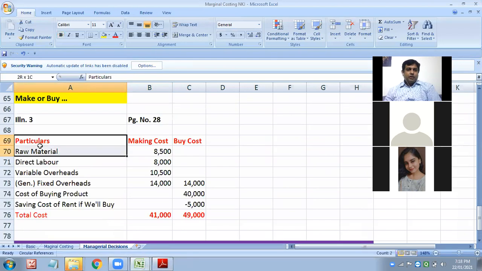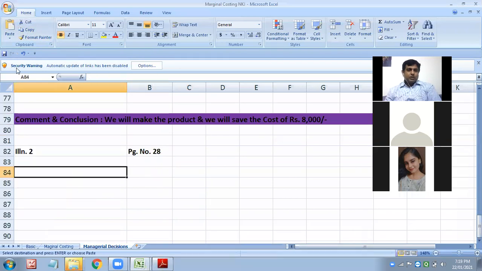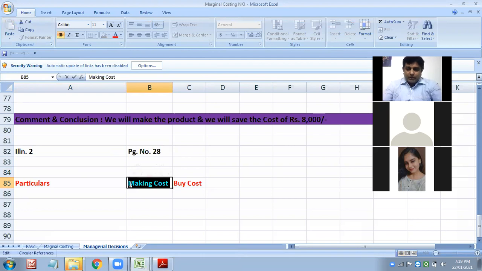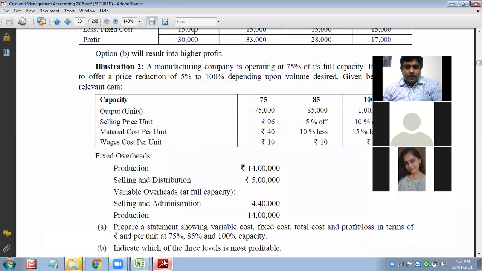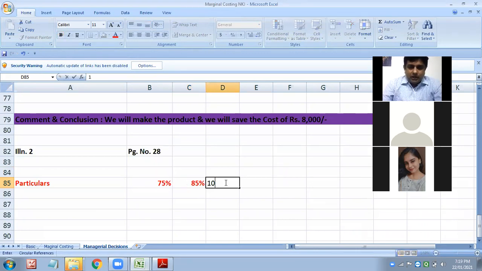Again, we have to go for particulars and different levels of production. They have given 75% level of production, 85 and 100.